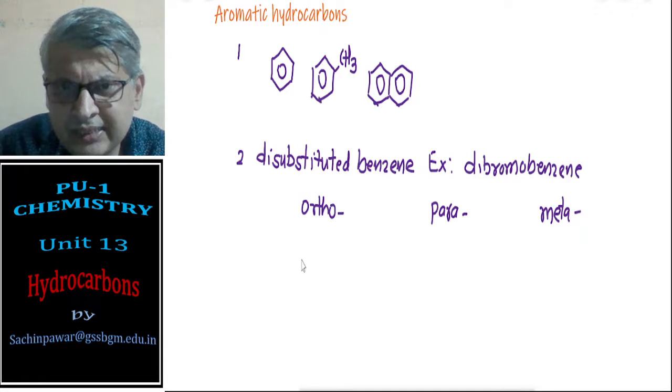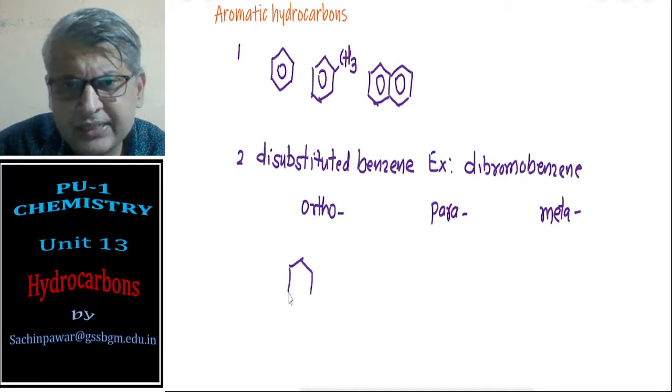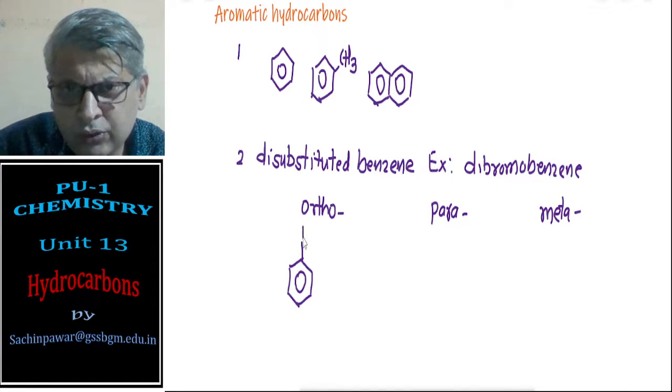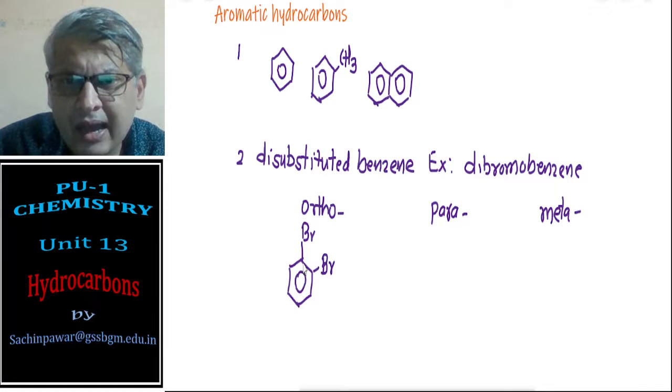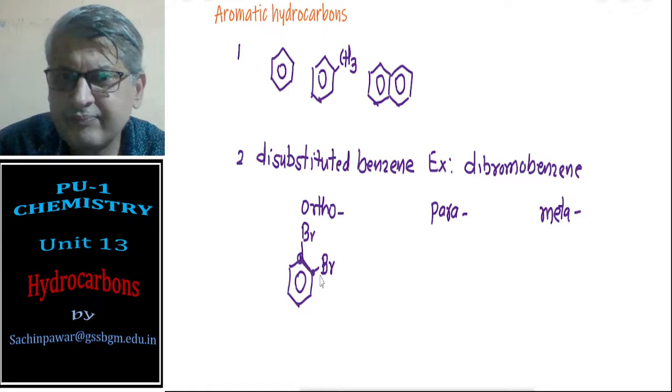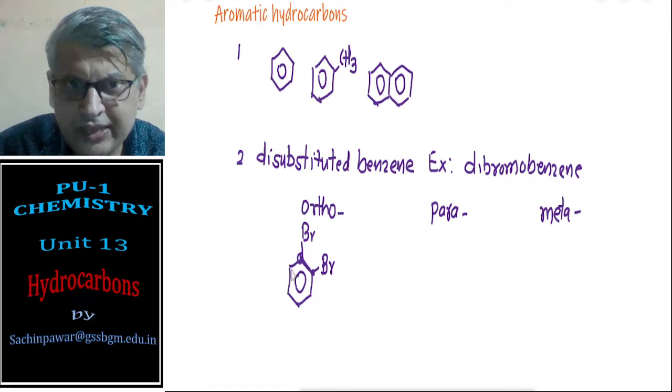Ortho dibromobenzene is the one where on the benzene ring the two halogen atoms, that is two substituents, are on adjacent carbon atoms. Then you can call it ortho.